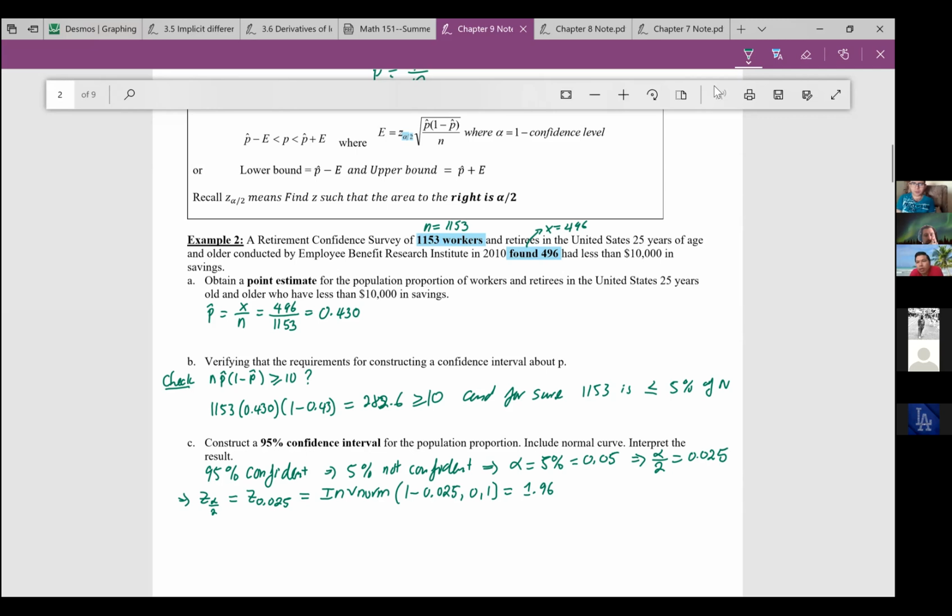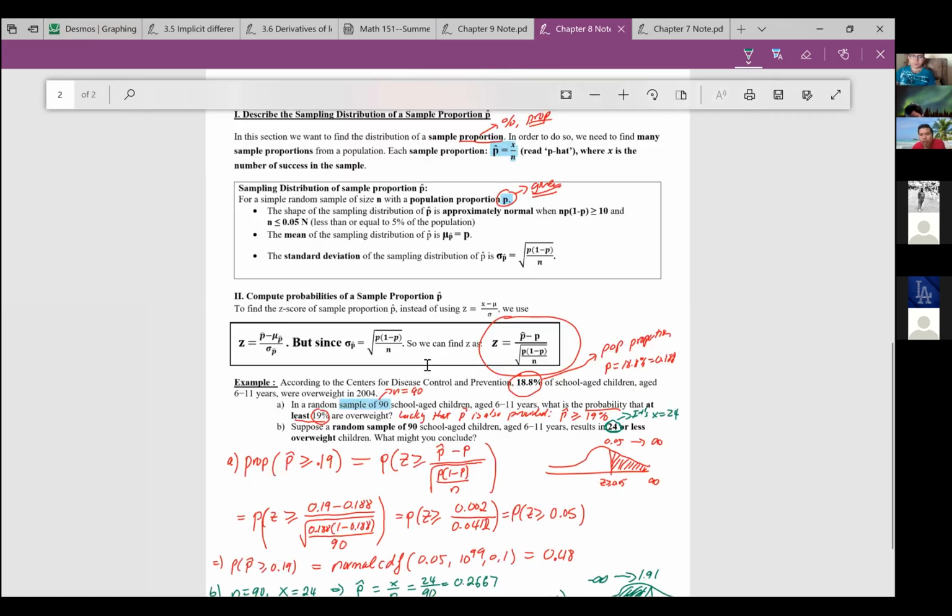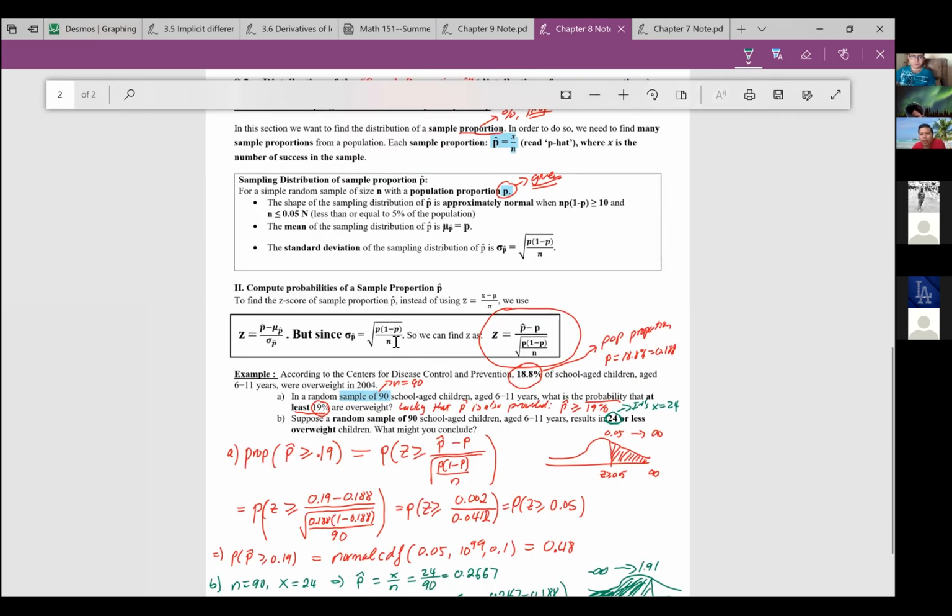Yeah, so because we said, okay, this is your estimation, but how confident are you? That means we need to find the margin of error, right? So how much error are we going to make? And the error formula will contain, all right, first, when you see p hat (1 minus p hat) over n, when you look at that in chapter 8, you see here, p (1 minus p) divided by n, that's the standard deviation of p hat, yes?